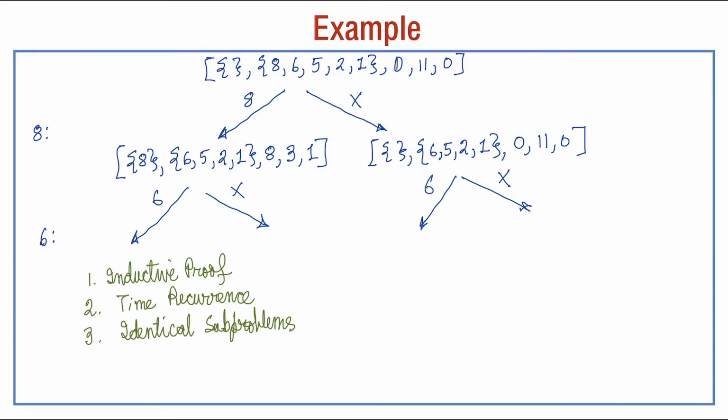We have to do an inductive proof, we have to determine the time recurrence of this problem, and we have to check whether identical subproblems are generated or not. We leave it to you to think about this, and we will discuss this in more detail in the class, and you can work it out and come with your questions on this.